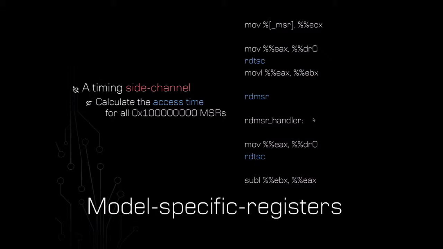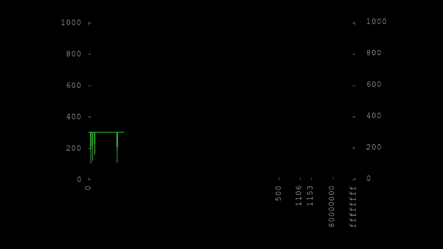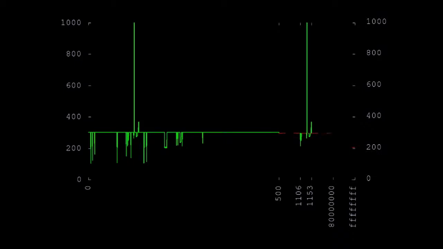And that lets me measure exactly how much time it takes to read any given model-specific register. So what that ends up looking like is this. On the x-axis here, I've got my 4 billion possible MSRs on this platform. On the y-axis is the amount of time it takes to access each of those MSRs. In green, I'm showing the MSRs that actually exist on the processor. In red are the unimplemented MSRs.